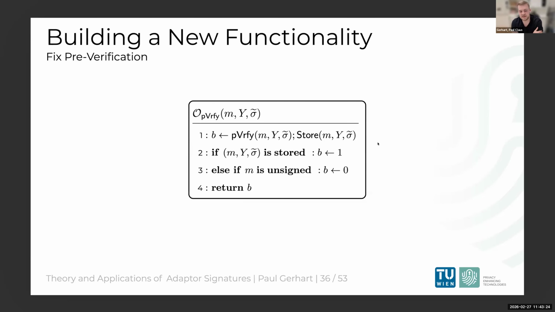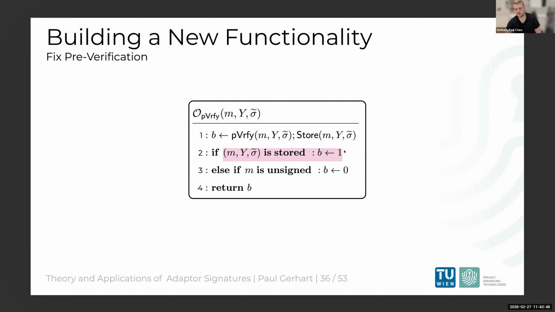And then we only need to fix the pre-verification and the verification algorithms. We do it in a similar fashion to the first functionality, but in a different way such that it can be realized and is actually secure. So the first one is, if you want to pre-verify a message pre-signature pair, we look if we already pre-verified it before or pre-signed it before.